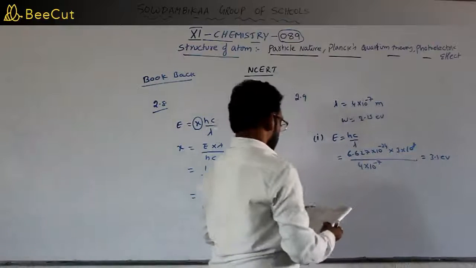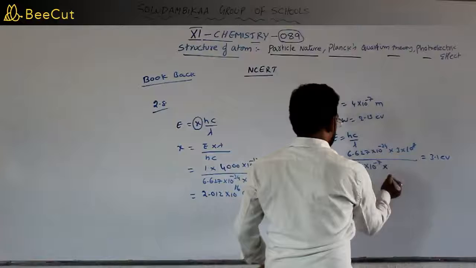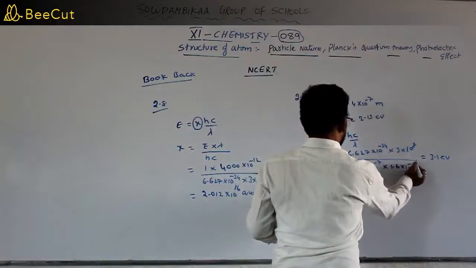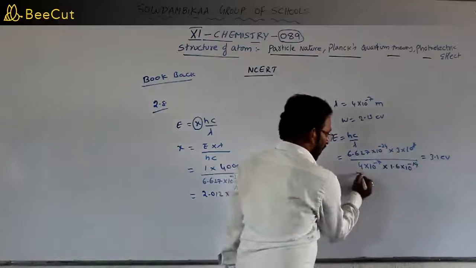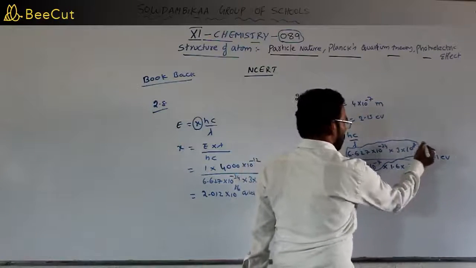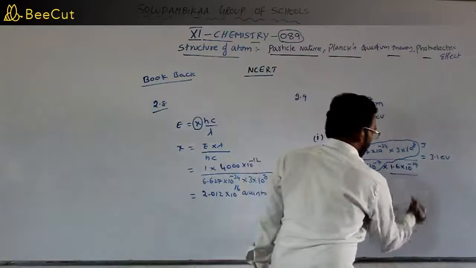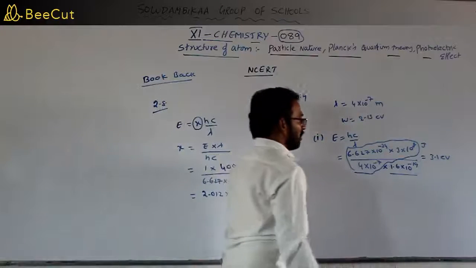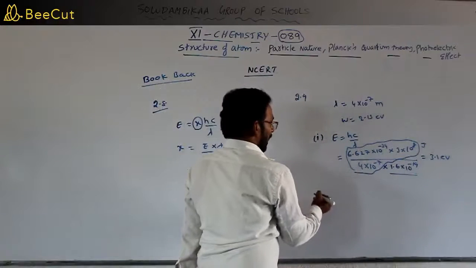So a conversion factor we need to use here. This fraction will come in joules. So joules should be converted into electron volts, which means we need to divide with this factor, the charge in coulombs, 1.6 into 10 power minus 19. So the first answer will be 3.1 electron volts.